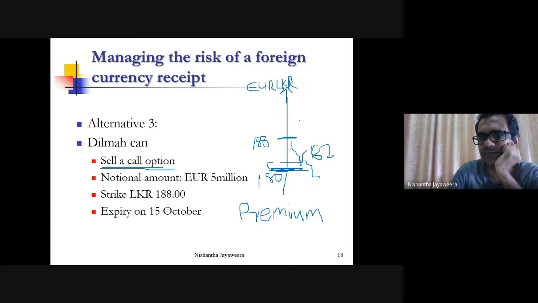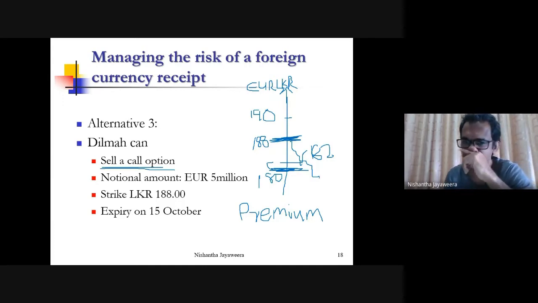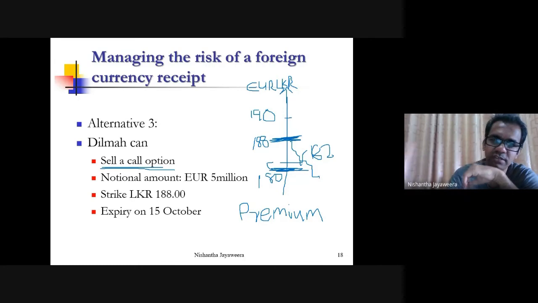But if the exchange rate goes to somewhere here, you sell it at 188, because the buyer of the option will come and execute his or her right. So you have to sell euro at 188. You give up your upside.